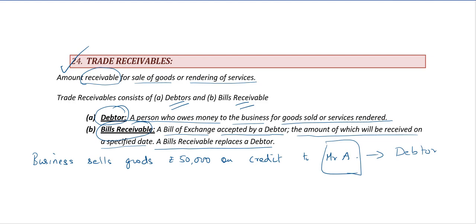So, this is an example of trade receivables, the amount which is receivable for the sale of goods. Mr. A is considered a debtor because he owes money to the business for the goods sold. If A accepts a bill, then from the business point of view, it's a bills receivable which will replace Mr. A as a debtor.